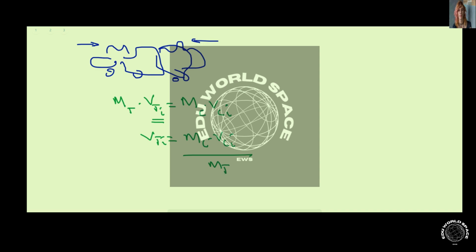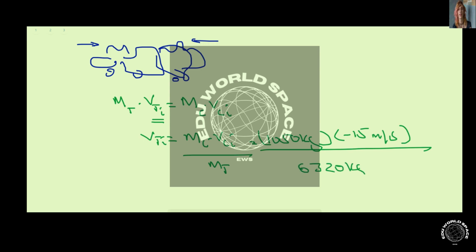The mass of the car is 1050 kilograms, and its initial velocity towards the left is negative 15 meters per second, and the mass of the truck is huge, 6,320 kilograms, and that just means that the new velocity happens to be negative 2.49 meters per second.